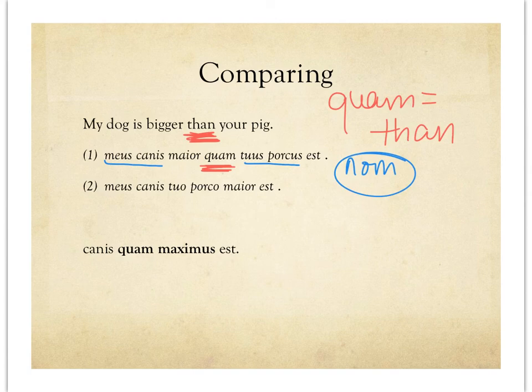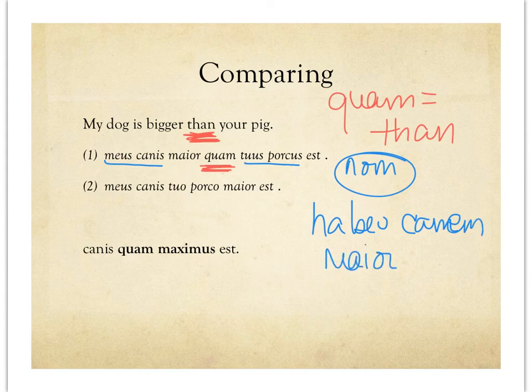So if I said instead, habeo canem maiorem quam tuum porcum.